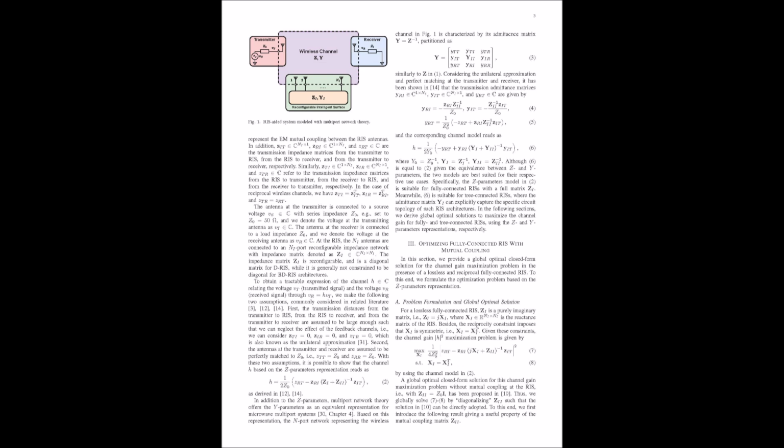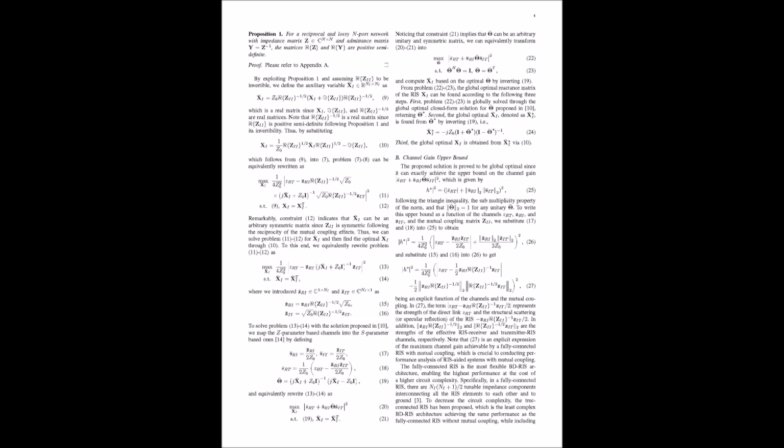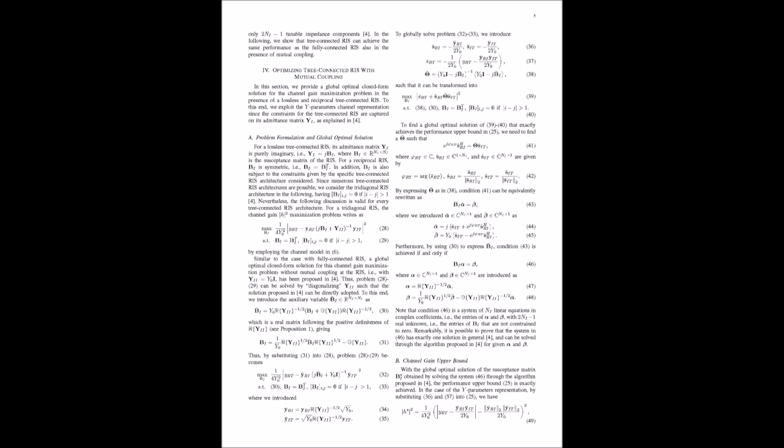Their goal is still the same, maximize channel gain. But instead of tweaking the reactance matrix, XI, they're now working with the susceptance matrix, BI. This matrix represents how easily signals can flow through the RIS elements. And it needs to be optimized while taking into account the specific connections of the tree-connected architecture.